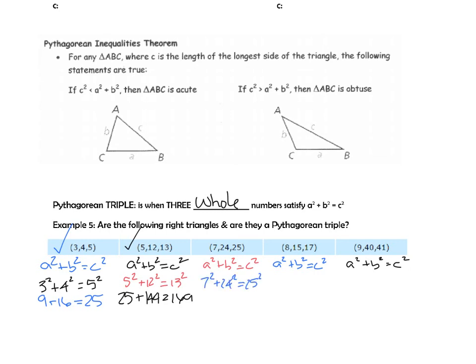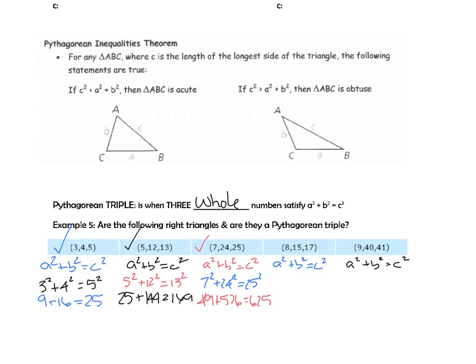All right, now let's look at 7, 24, 25. When I plug that in, I have 7 squared, which is 49, plus 24 squared, which is 576, equals 25 squared, which is 625. If I add 49 plus 576, eureka, I get 625.